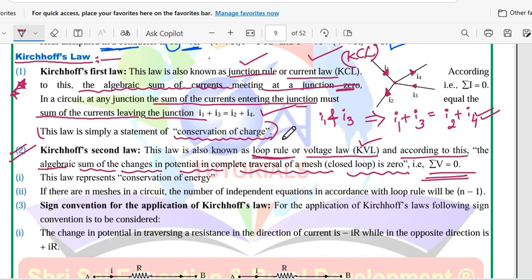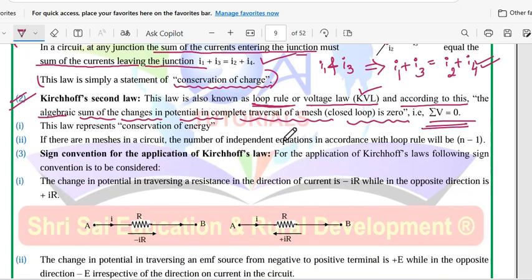So this is the second law. In the same way, here we considered the sum of all the currents, but in Kirchhoff's second law, it is the algebraic sum of the potential differences across all the elements.